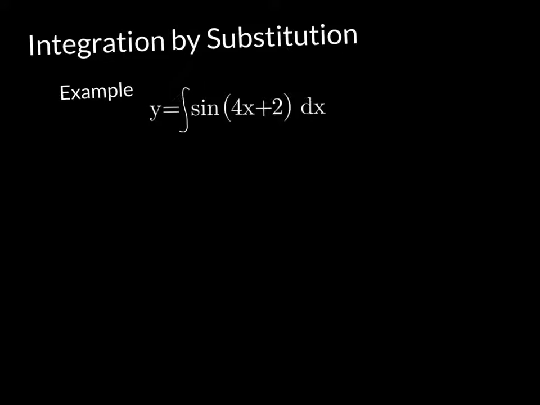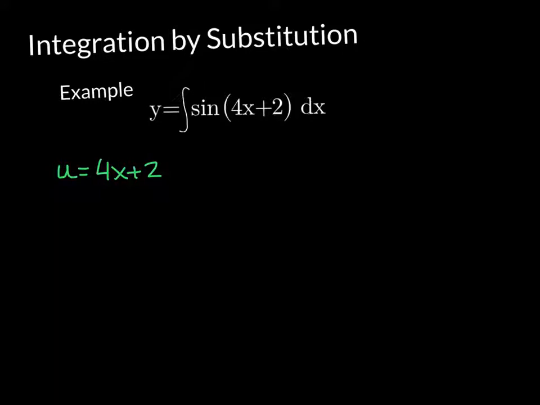So let's say that y is equal to the integral of the sine of 4x plus 2, and we're integrating with respect to x. The first thing that we're going to do is say, okay, we'll let the internal function, the 4x plus 2, which is inside the other function, equal u. So u is equal to 4x plus 2.